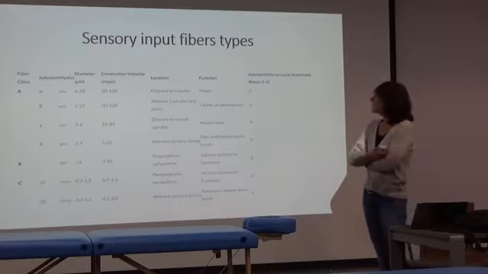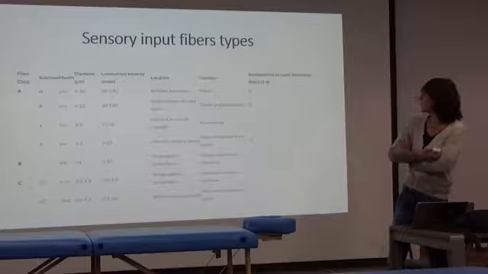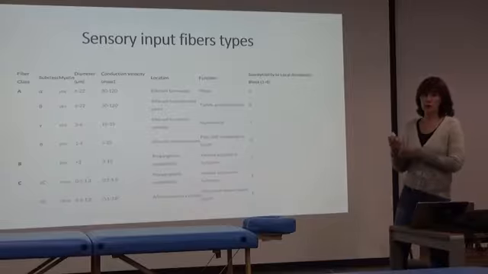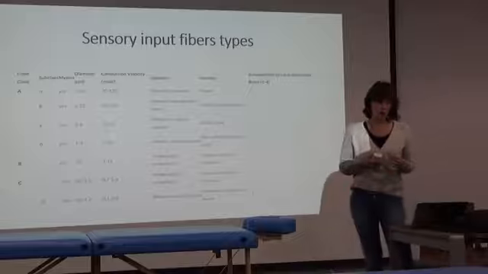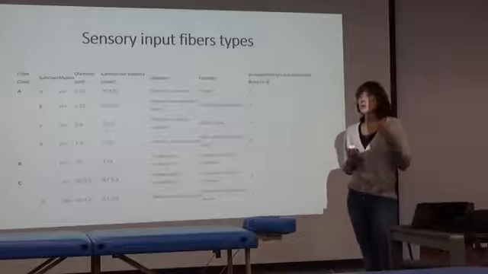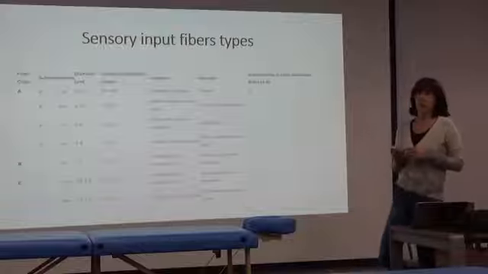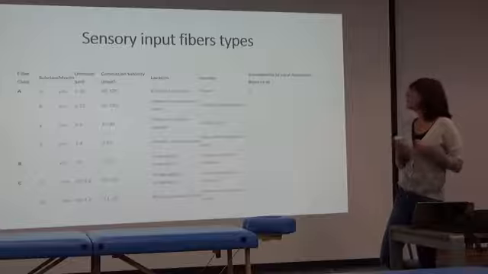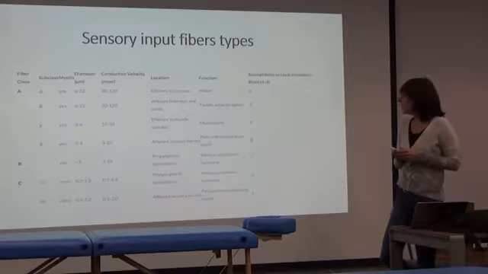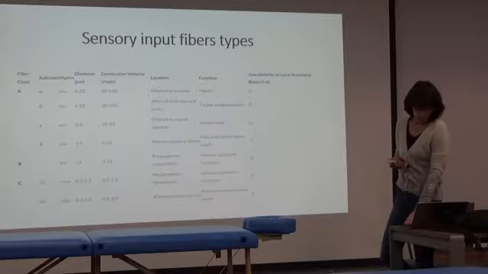For example, the afferent information from the skin and from the joints is very, very fast. So if we move the muscle, so we move the joint, so we change the position of the body, the signal to the brain is very fast, and that's why we can adapt to different movements. We can do different kinds of sports, we can run, and we can do ballet, because the signal is fast enough and allows us to adapt.